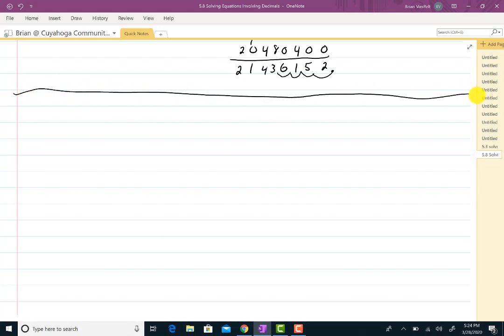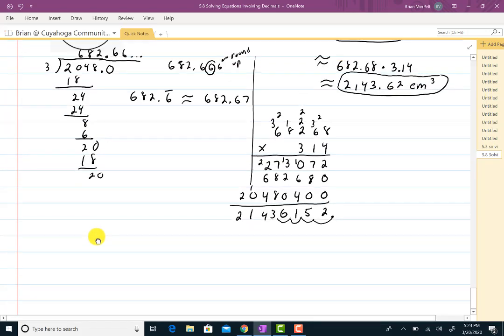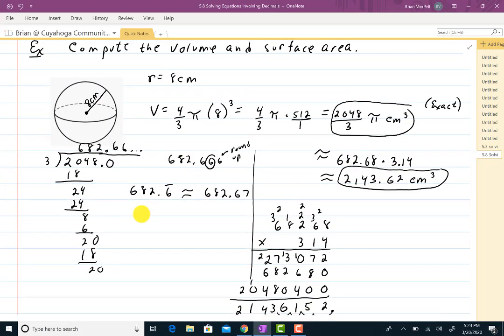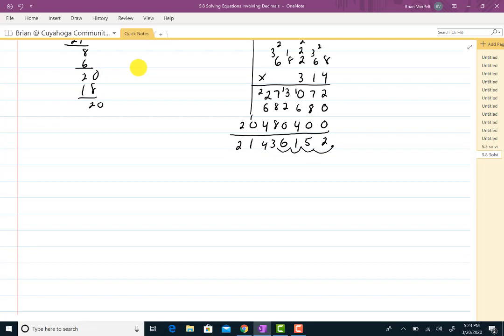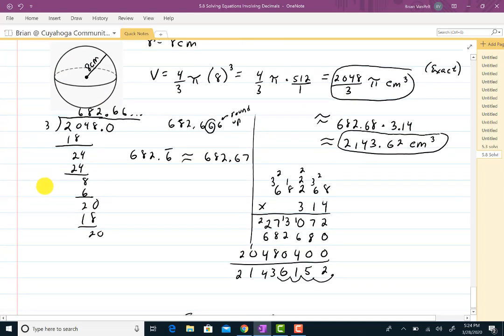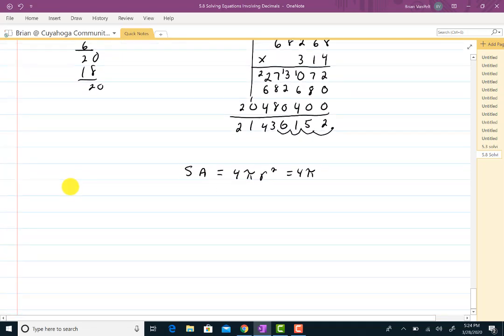Oh, wait a minute. Can't leave just yet. We did the volume. I have not done the surface area yet. So the surface area, SA, is 4 pi r squared. And so, where was the radius again? The radius was 8 centimeters. So we'll have times 8 squared. 8 squared is 64.